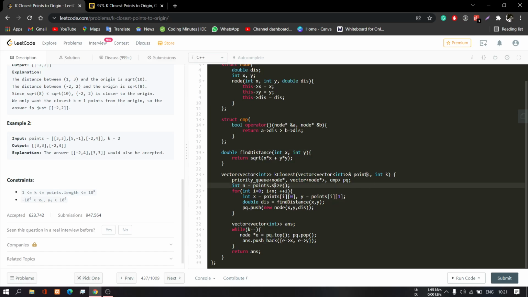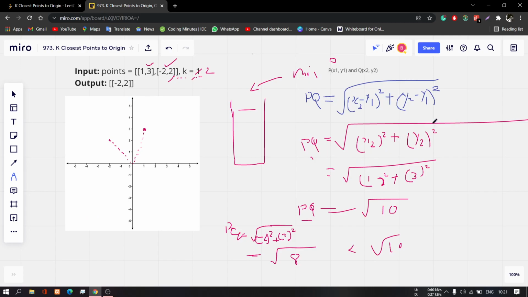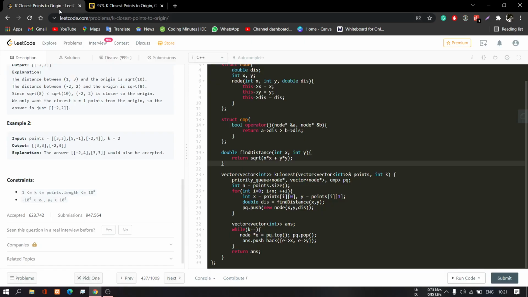Now I have iterated through the points array, taken the x and y, and calculated the distance from this distance function, which is the square root of x square plus y square, this part.